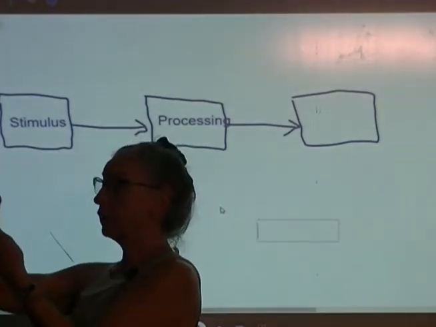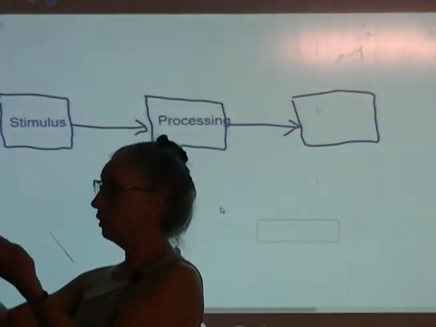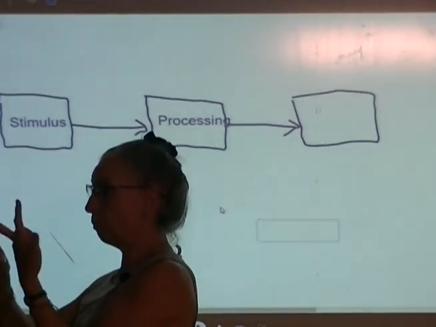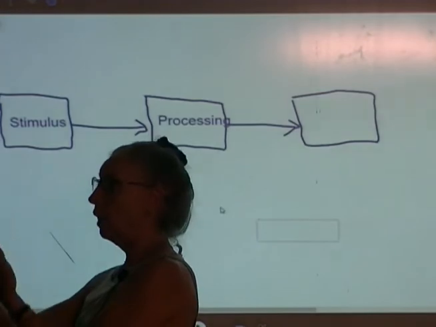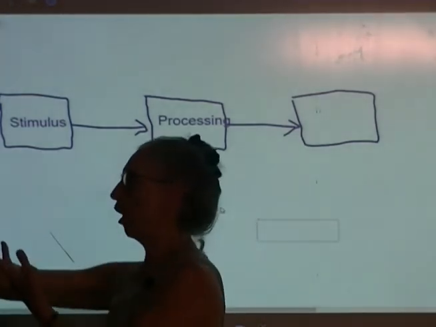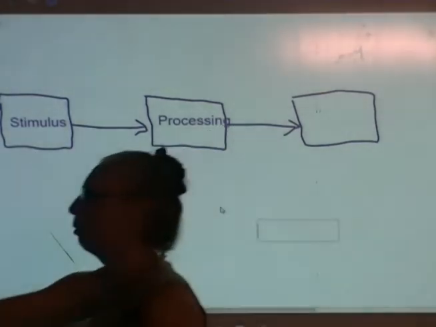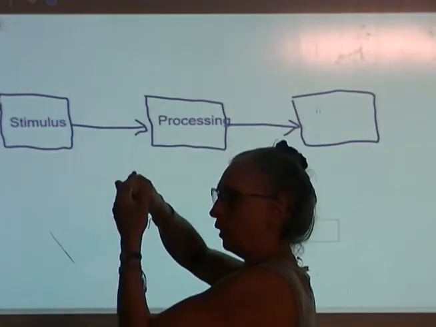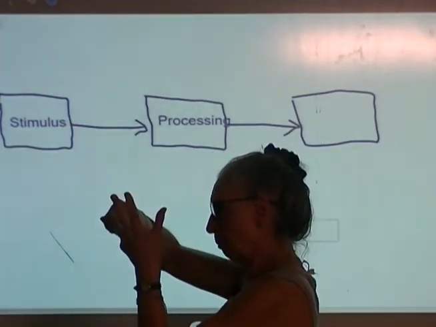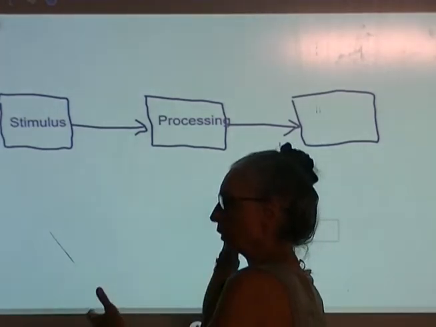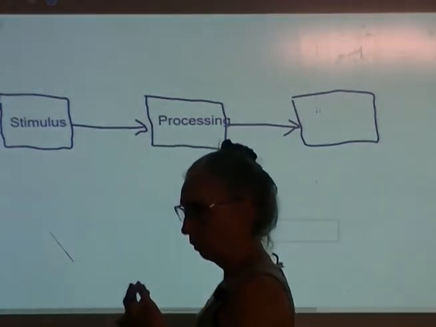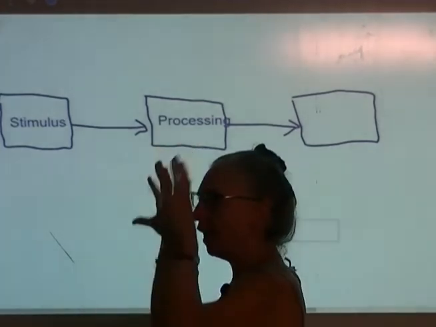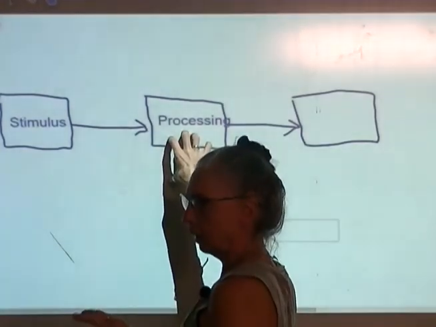Then after the decision making comes the location of the motor pattern. That's like opening the filing drawer and pulling the motor pattern out. And then we have to transmit the motor pattern to the muscles. So that's like putting it in the mail. Okay? All of that comes under processing.